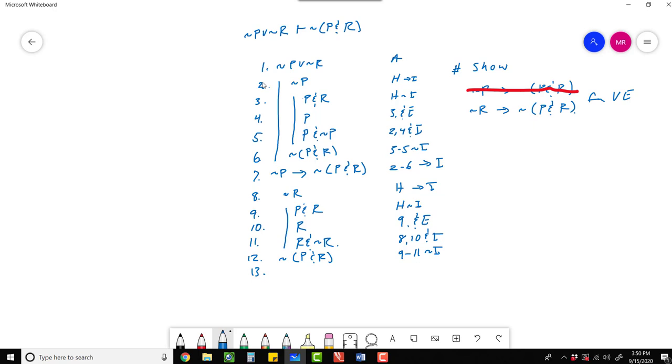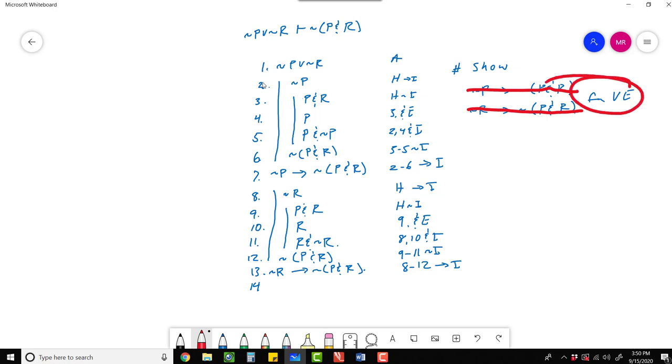And then just as before, we have if not R, then it's not the case that P and R by 8 through 12, conditional introduction, and that was our second conditional, so we're done with that.